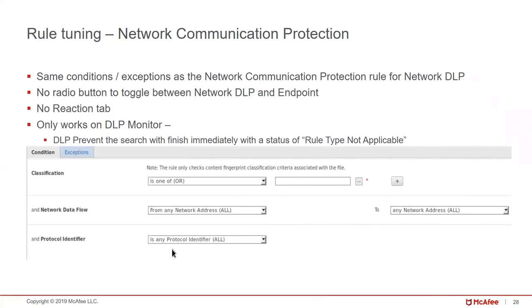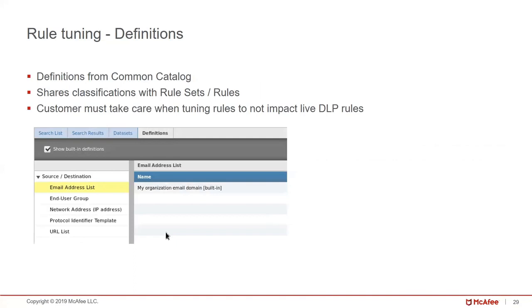If you do try to run this on a DLP prevent, it will finish immediately with a rule type not applicable error message. Okay, and to assist with rule tuning, we do have a definitions tab with a few parameters here that you can configure. A lot of these should look familiar, and they're pretty straightforward, I think.